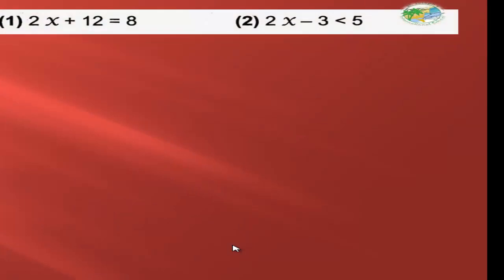I have another question. This is an equation and this is an inequality. Find in Z the solution set of number 1, 2x plus 12 equal 8. Number 2, 2x minus 3 less than 5. The first question is an equation.